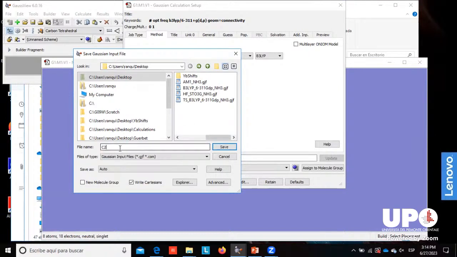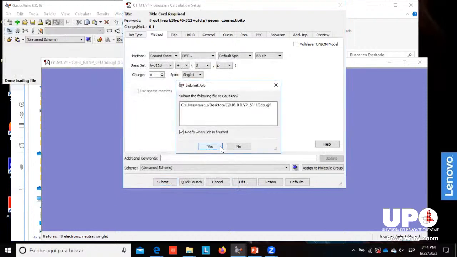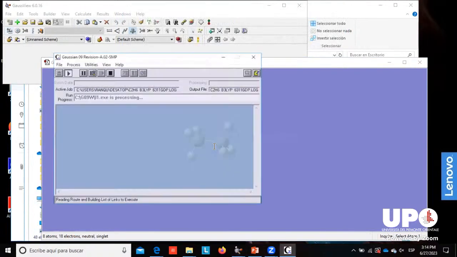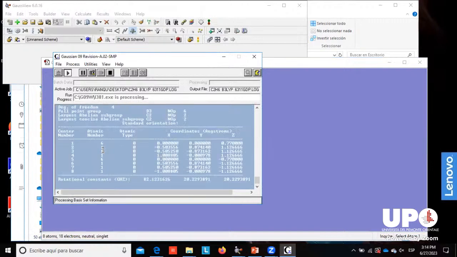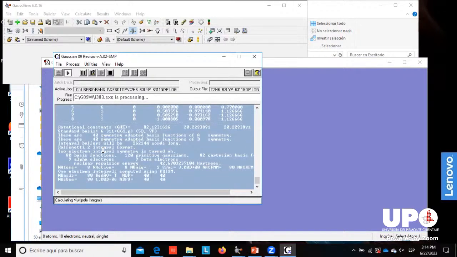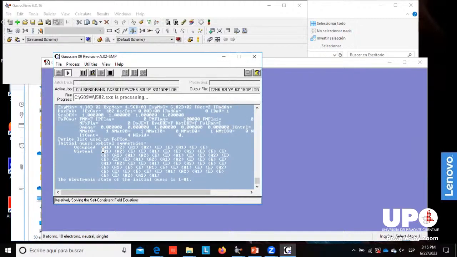So C2H6, B3LYP, and some information about the basis set. And that should be enough. Okay. So I have launched the calculation. We will start by studying a little bit the potential energy surface.